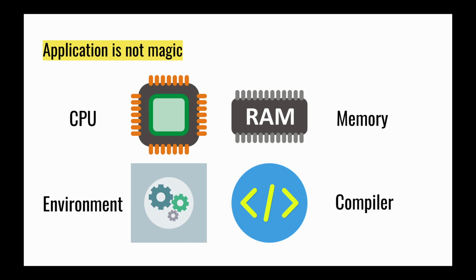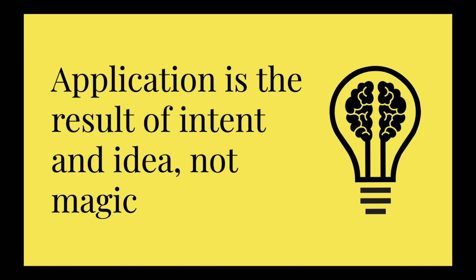And to help us to do so, usually we need an environment. An environment that contains compilers, security utilities, libraries, and a whole bunch of other useful things that help us write our application, but also help run it on a particular computer and manage the execution of our application. And now we can say that an application is not magic.